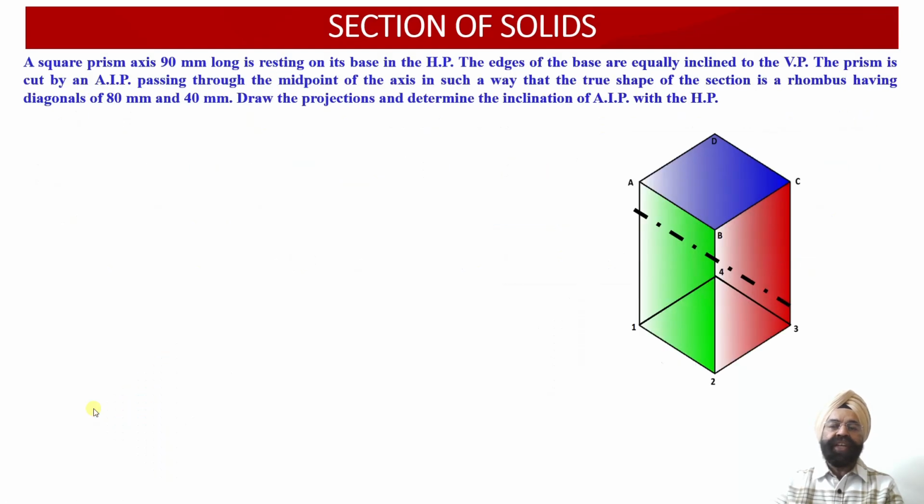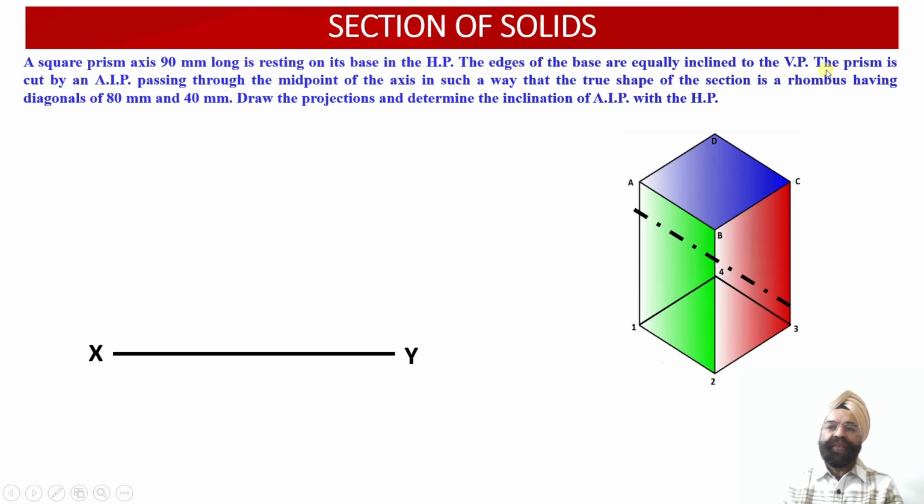With this information, now let us proceed with the evaluation of orthographic projections of the square prism which is lying on the horizontal plane on one of its square faces, such that all 4 edges of the square prism happen to be equally inclined to the vertical plane.